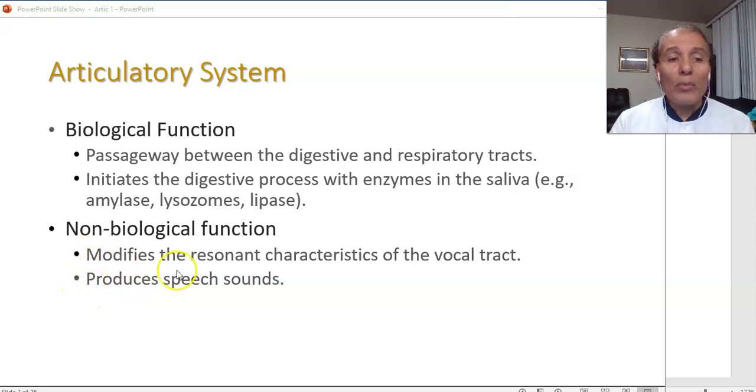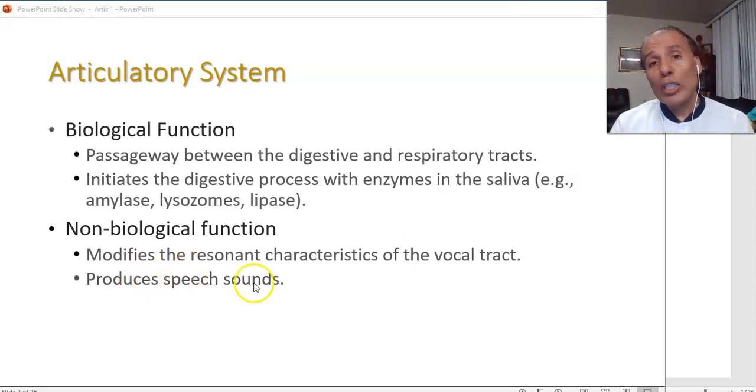So, in addition, along the vocal tract, there are articulators, like the tongue, the lips, the alveolar ridge, the velum, different organs of speech that come together in order to make special sounds and words and syllables and so on.